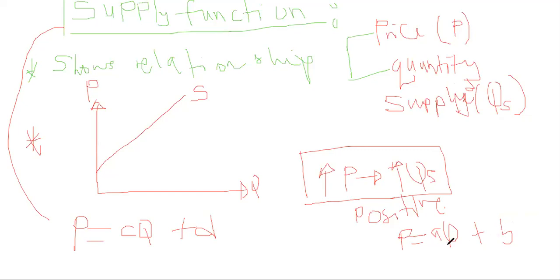This is a typical supply curve, and we expect that C should be greater than 0. Remember, we said that A is less than 0 for demand.